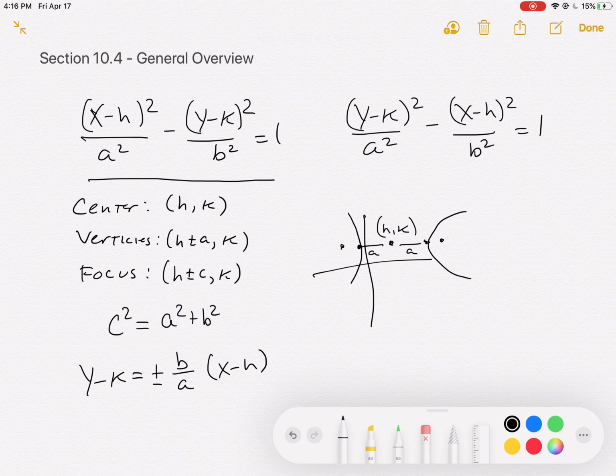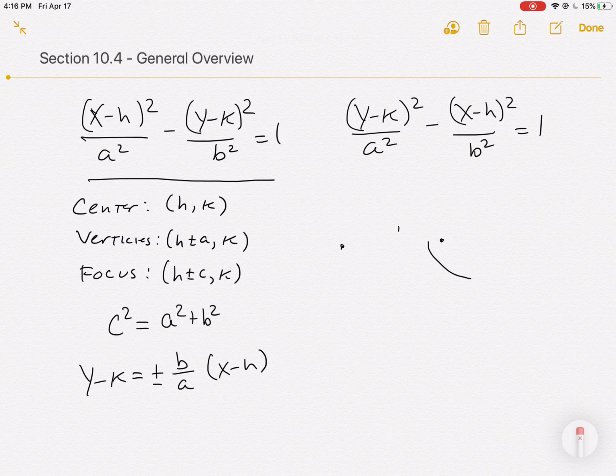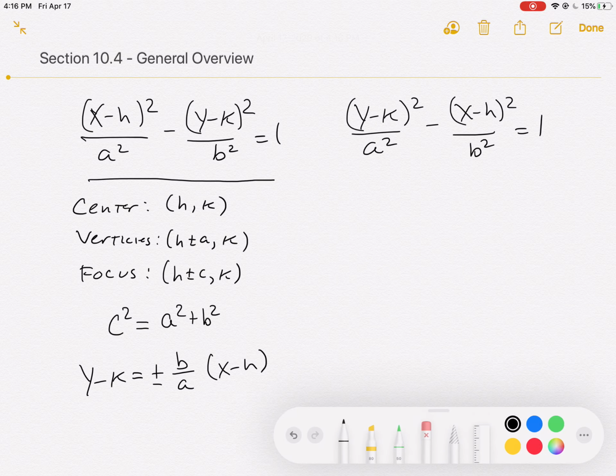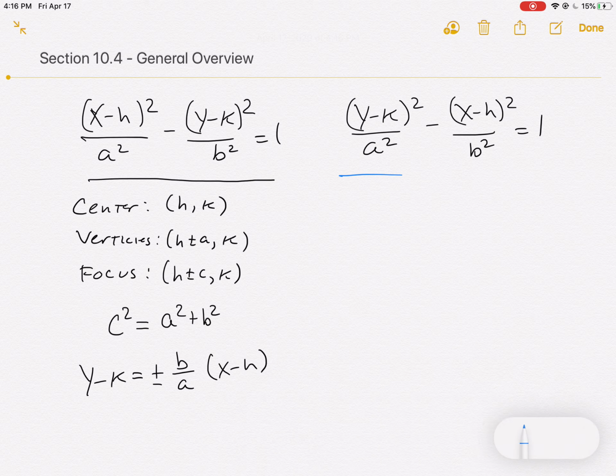So equivalently, if I come over and erase some of this stuff over here and work this other one, if we go to this second version, which I'll do in blue, well, its center is at h comma k, right? Still x, y. It has vertices, and everything's happening to the y, so now it's k plus or minus a.